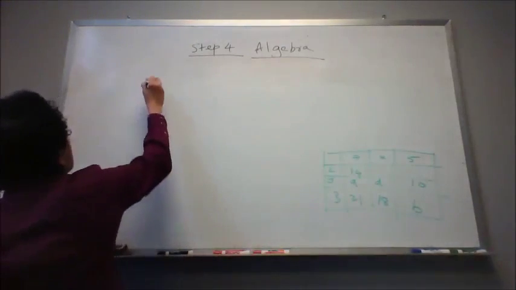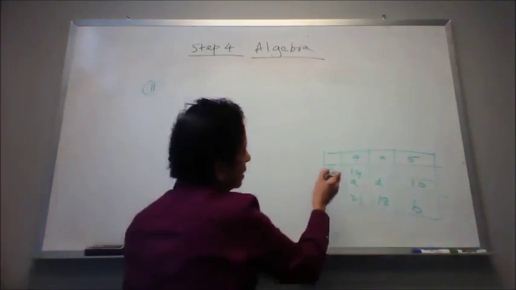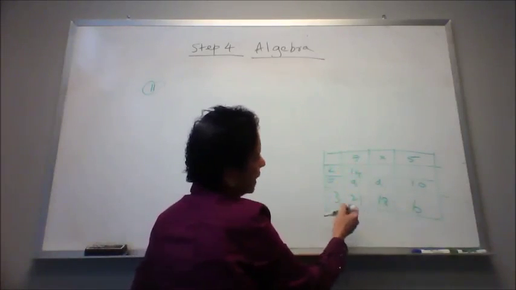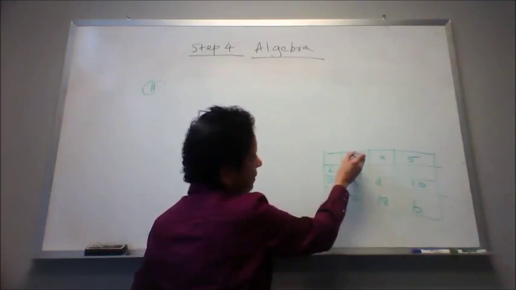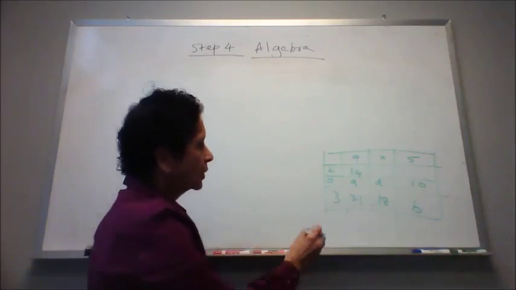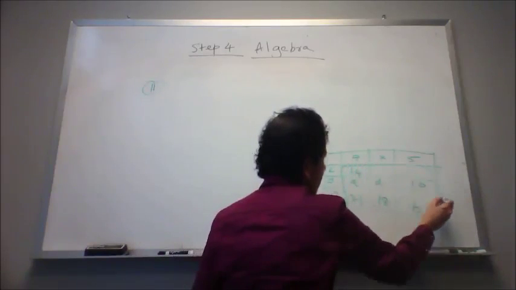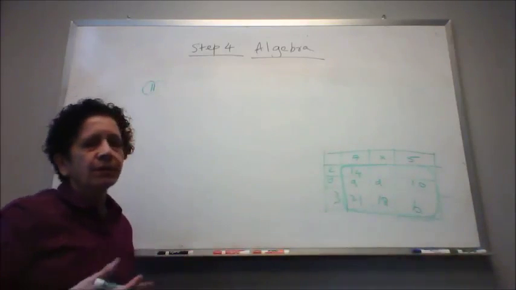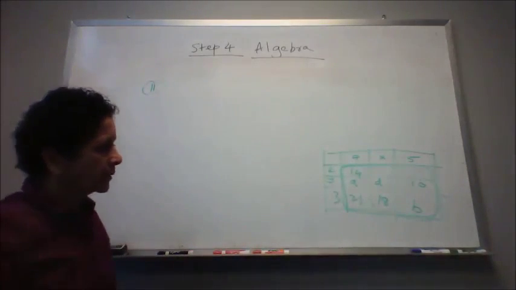This is problem number 11. What they are saying is that 2 times 7 is 14, and similarly 3 times 7 is 21. So everything here is the product. Now it's just like solving the puzzle.